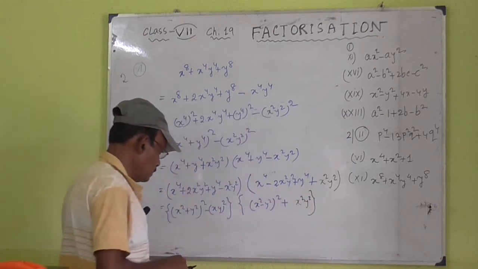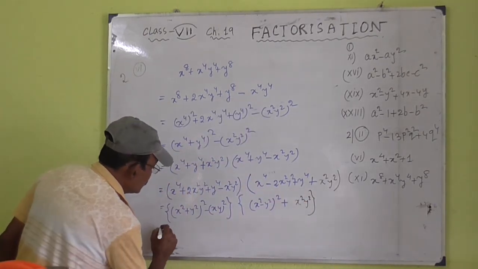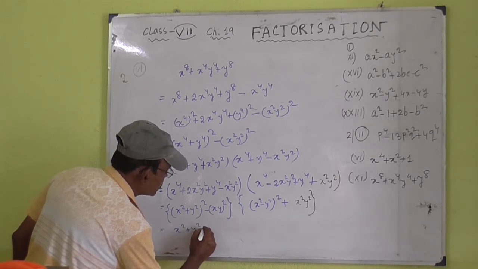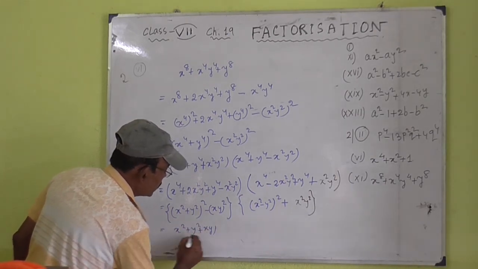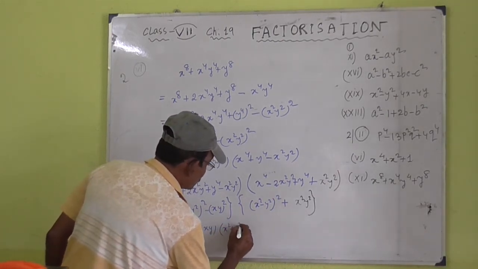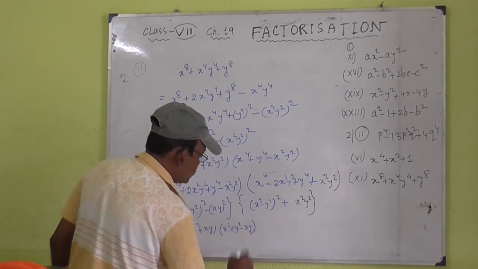Okay. Now, this will be x square plus y square plus xy and x square plus y square minus xy.